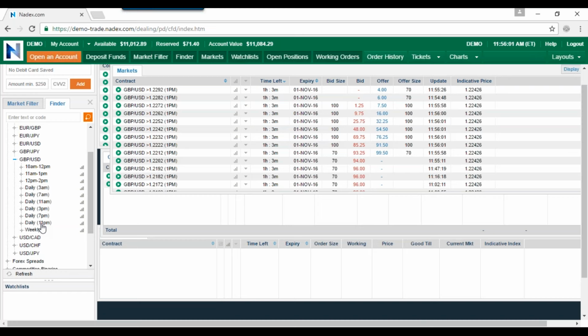Even as of right now, I've got almost 12 hours, or I've even got weeklies, okay? So I've got a lot of time here. I've got a lot of options here to choose something further out.